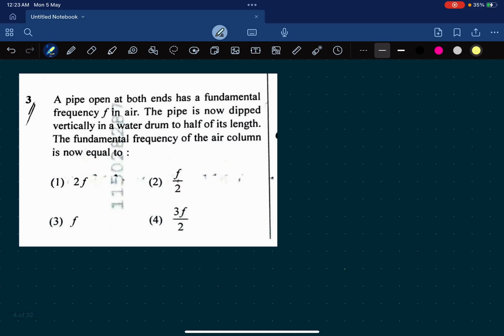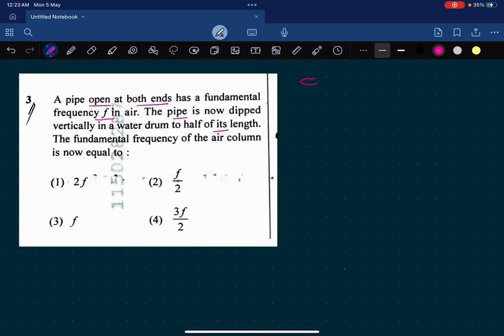All right. Now, here we have one question from waves and sound. So what is given? We have one open organ pipe, the pipe which is open at both ends, and its fundamental frequency is given to be F in air. Again, it is mentioned that if the same pipe is dipped vertically into water so that half of its length is immersed inside water, then what will be the fundamental frequency of the same pipe?